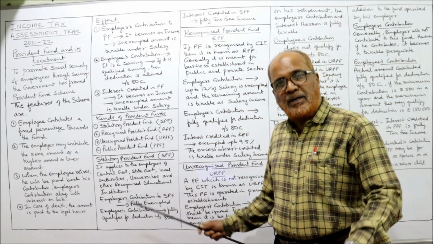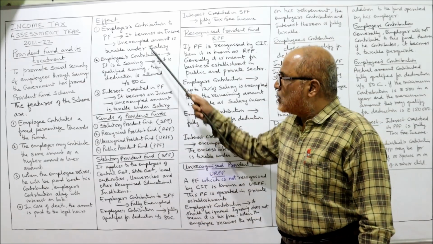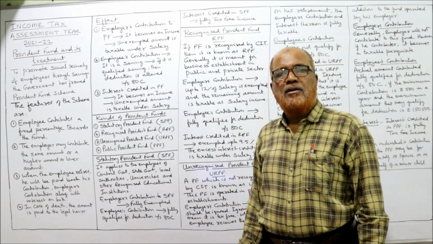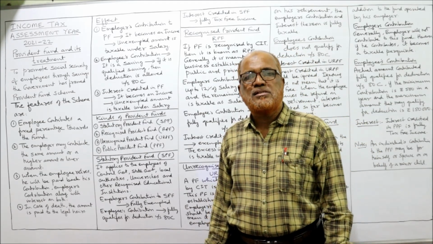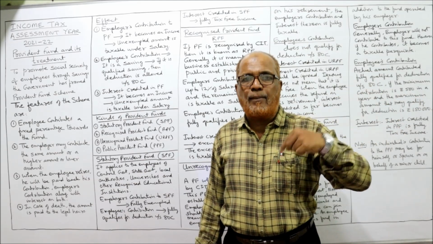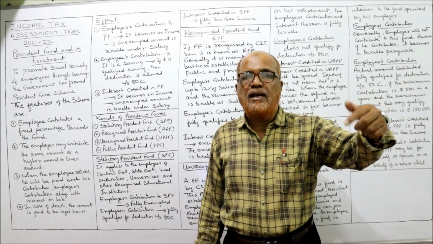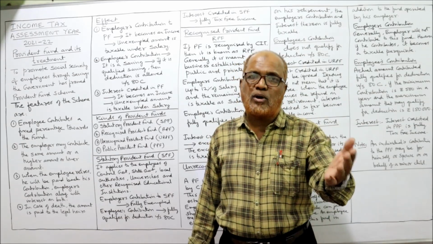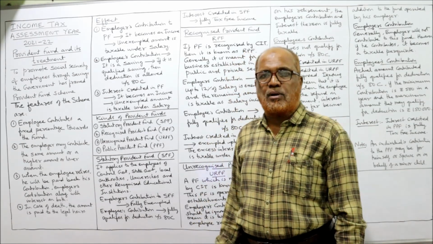When it is unexempted, we'll study further. So this is the effect of the Provident Fund. Remember, in this Provident Fund the employee contributes, the employer contributes, and interest is credited on both the employer's contribution and the employee's contribution.